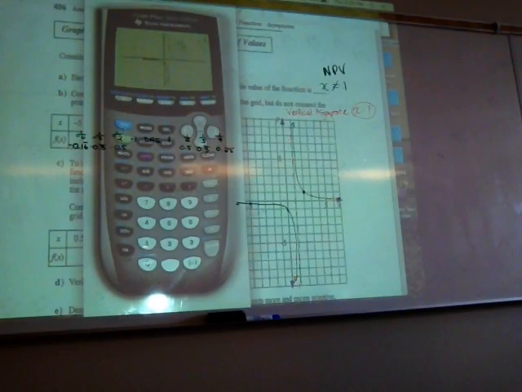What you can do is use your table of values, second graph, and we can see as x is getting bigger, so I'm just going to keep scrolling down, where does it look like the y values are approaching? It's getting smaller and smaller, and they're getting very close to 0. If I went to x is infinity, we still wouldn't touch 0. It would be approaching 0, but it wouldn't touch 0.